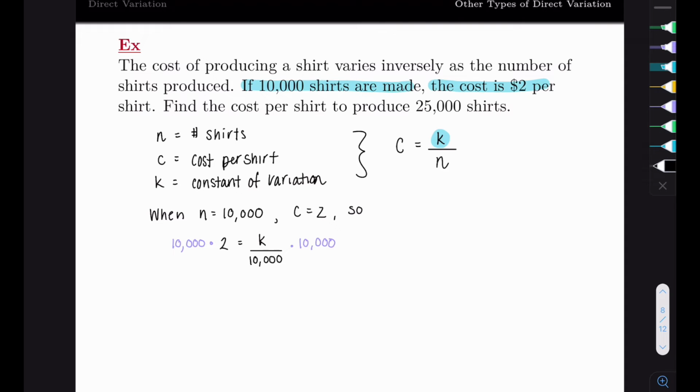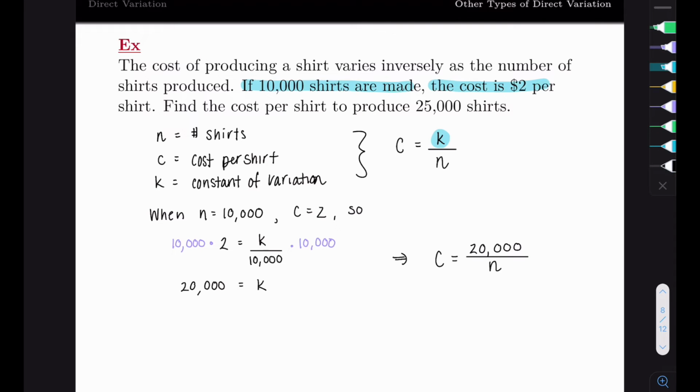And so really that gives us 20,000 is equal to K. So I use that first piece of information to find my value of K. And so now I have the full equation. My cost is 20,000 divided by the number of shirts. Okay.